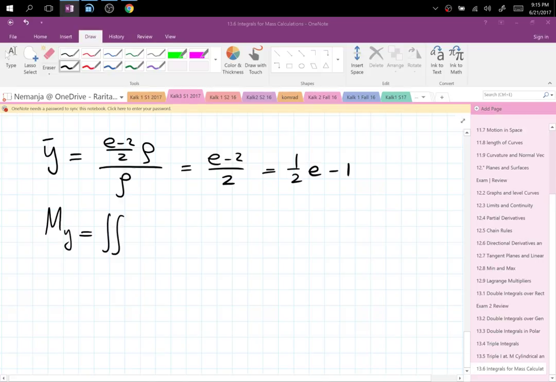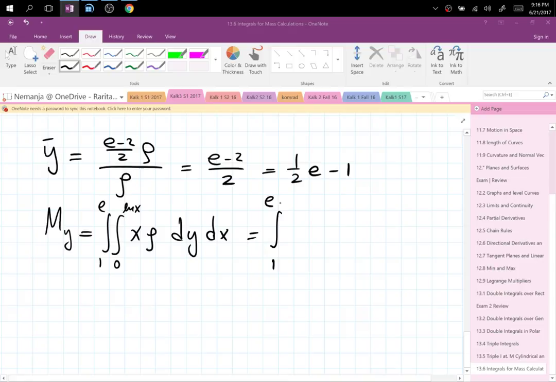Again, it's the same integral except now we have x rho of x, and then we have dy dx and go from there. What were the limits? 1 to e and 0 to ln x, right? So we recycle because it's always the same region. So for mass and for both moments, always the same setup. That's why it's important to get the setup right.